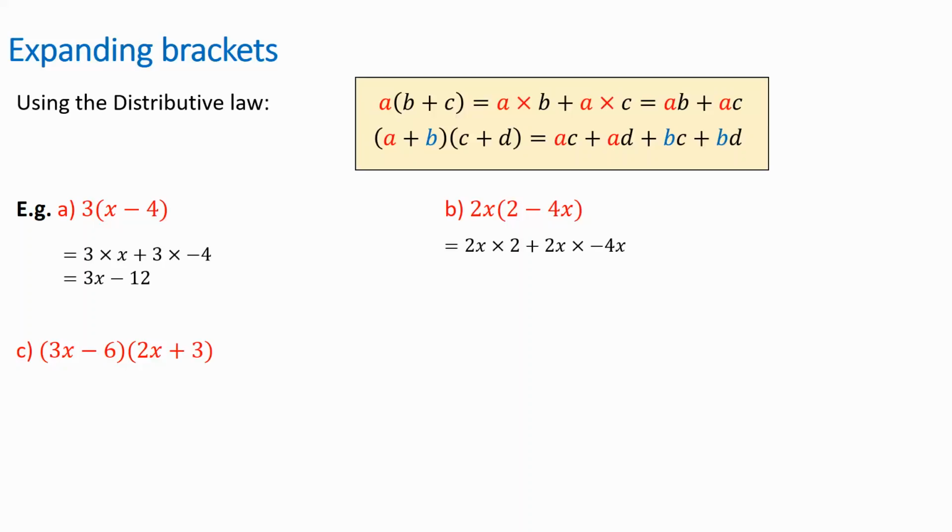So I'm just saying, take 2x multiplied to 2, plus 2x multiplied to negative 4x. That gives you now 2x times 2, which is 4x, minus, because x times x is x squared, and 2 times negative 4 is negative 8. That's why I've got my answer there.